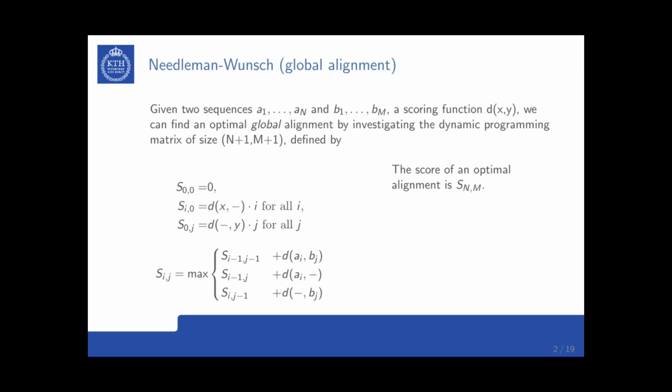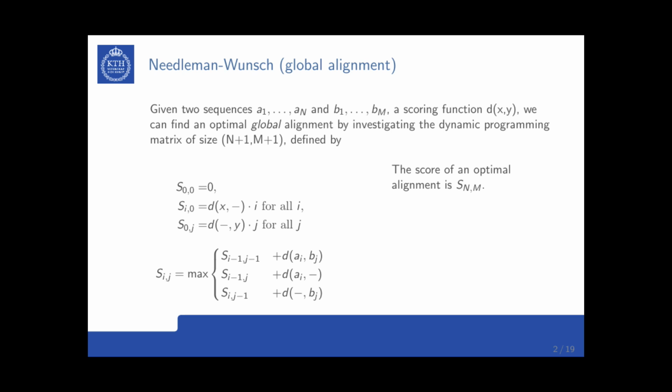So it's a matrix that we here denote S with the size of n plus 1 by m plus 1, where n is the length of one of the sequences and m is the length of the other sequence. We initiate the problem by filling the borders of the matrix with gap penalties.